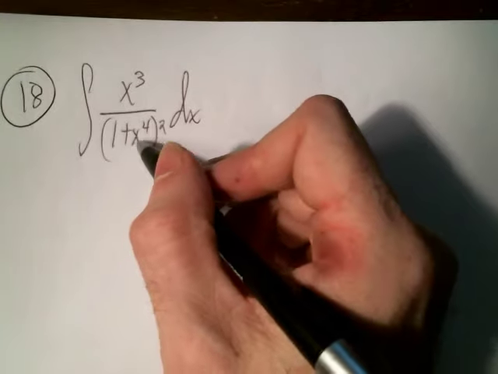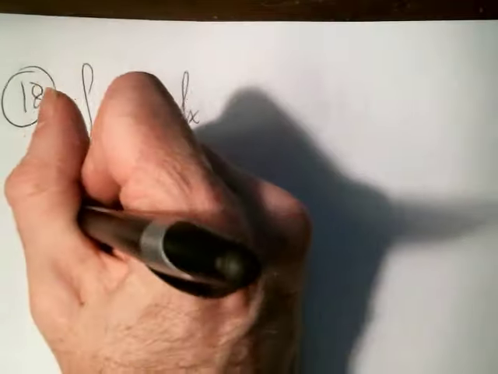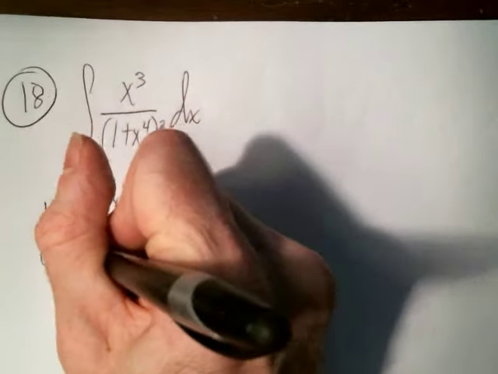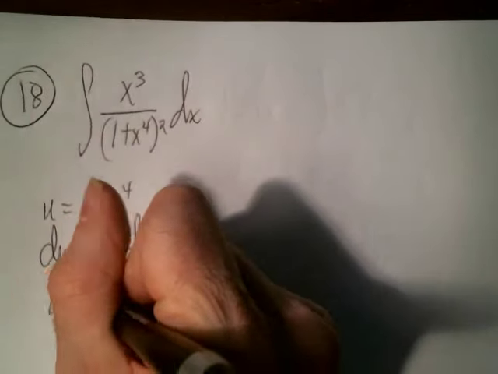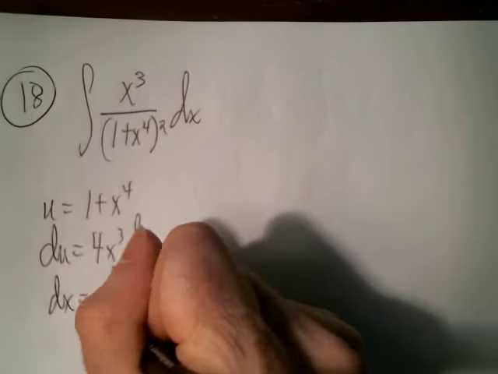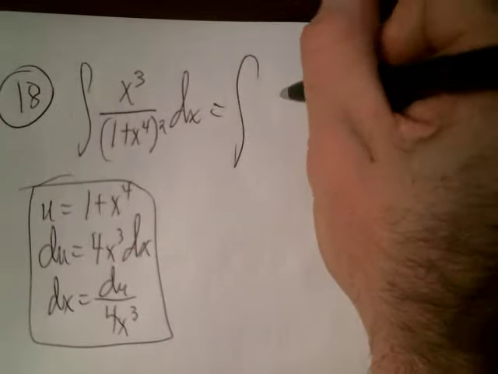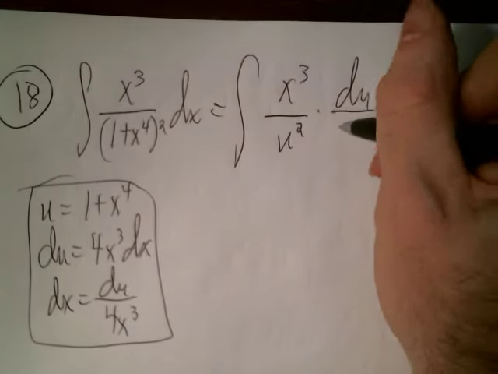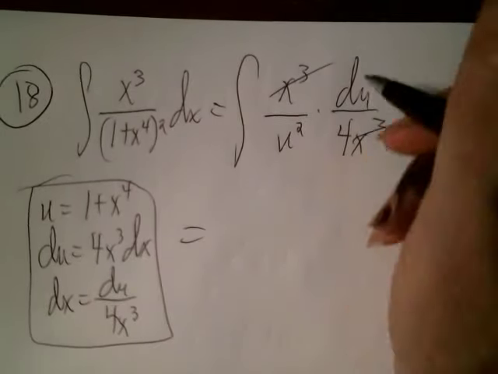Okay, so it looks like the derivative of 1 plus x to the 4th is kind of x cubed, right? So we'll let u be 1 plus x to the 4th. Du is 4x cubed dx. So my dx will be du all over 4x cubed. So this will be the integral of x cubed all over u squared times du all over 4x cubed. The x cubes divide out.